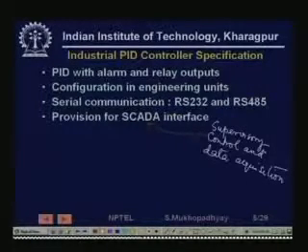It means that the controller can be in the field close to a machine or in a separate place, while the controller can be monitored from a different place, maybe a central control room. If you want to do that, then you need to have a supervisory control and data acquisition interface, by which sitting in the control room you can monitor the controller and see the performance of the control loop.